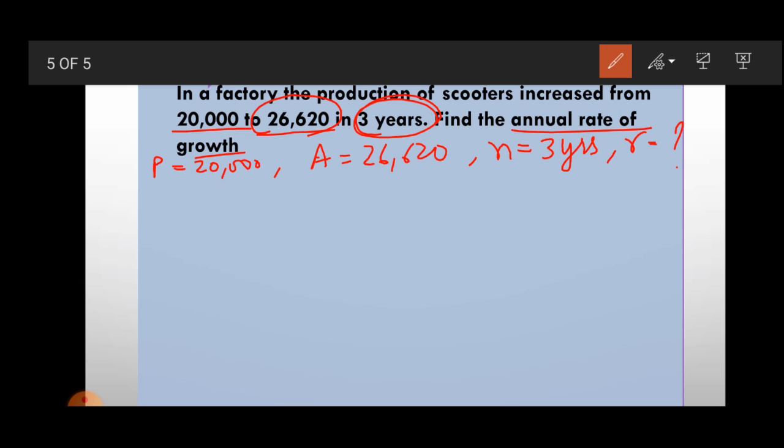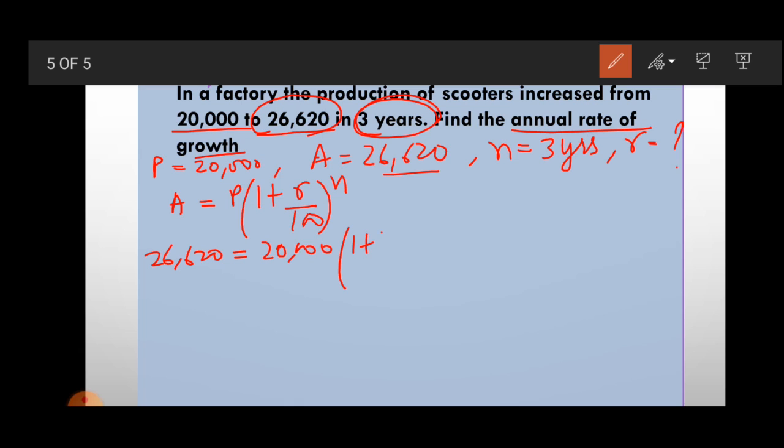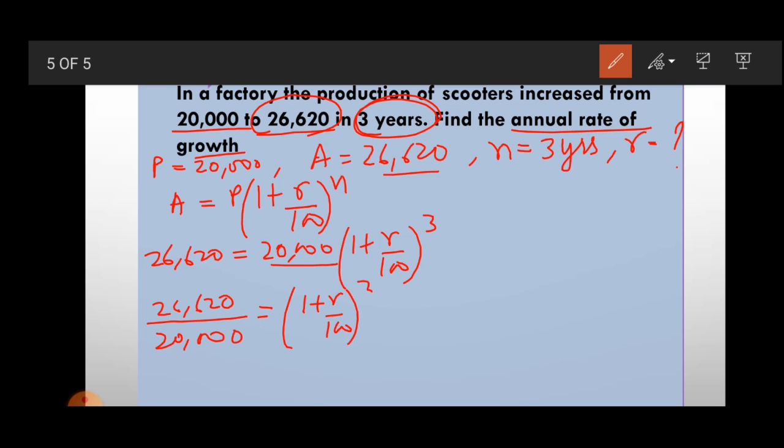As the quantity of scooters is increasing, A = P(1 + R/100)^n. Now amount is 26,620 equal to P is 20,000 into (1 + R/100), where we need to find the value of R, and n is 3. So shift 20,000 from right hand side to left hand side. We get 26,620 by 20,000 is equal to (1 + R/100)^3.